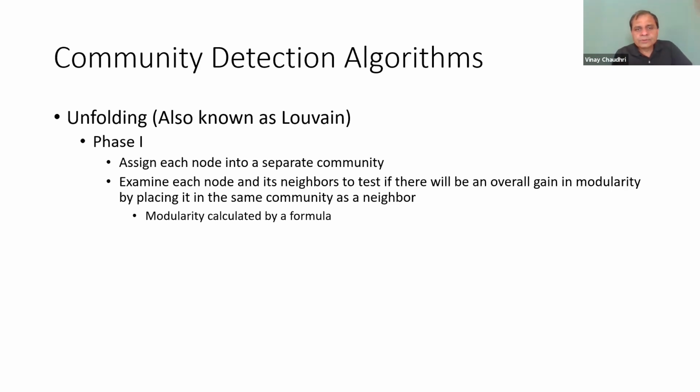Then we examine each node and its neighbors to test if there will be an overall gain in the modularity by placing it in the same community as a neighbor. So here, we are not doing automatic changing of the community. We are making that decision based on a formula.